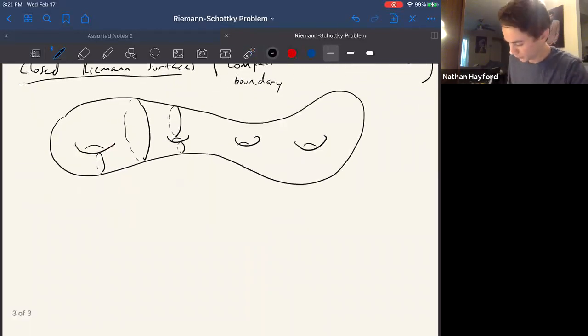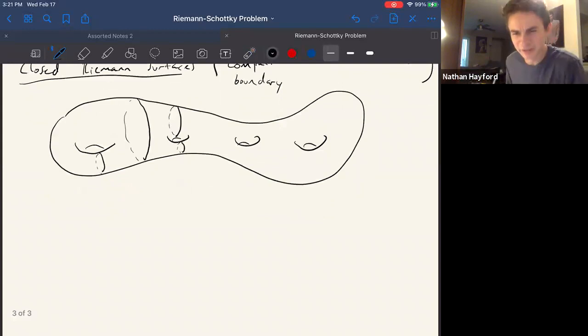So a Riemann surface has genus g, and clearly two Riemann surfaces can only be conformally equivalent if they have the same genus, because the map has to be continuous to start with, and its inverse also has to be continuous. So clearly two Riemann surfaces can only be conformally equivalent if they have the same genera.